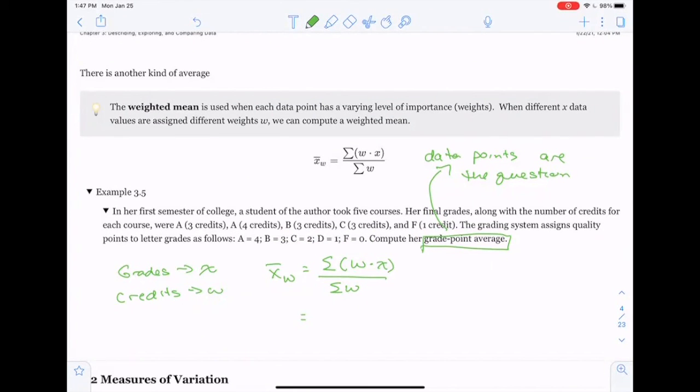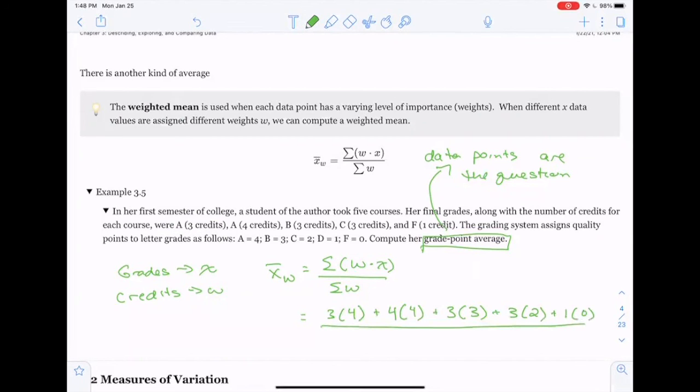That first class was worth 3 credits, so that's the weight times the grade, an A, which is 4 points. The second class was worth 4 credits with an A, which is a 4. And we can fill in the 3-credit class she got a B in, the next 3-credit class she got a C in, and the last 1-credit class she got an F in.